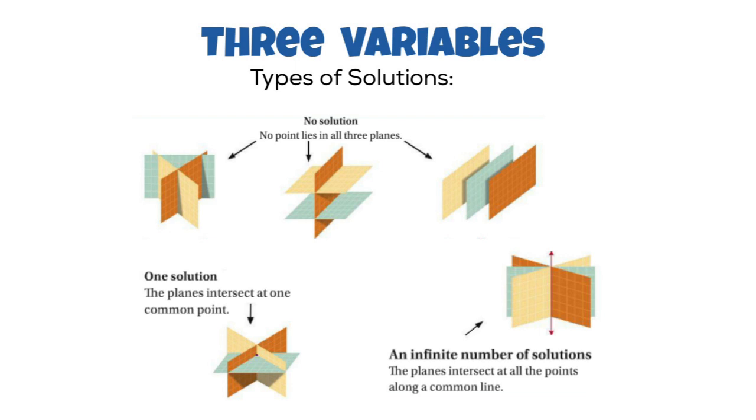This picture, I kind of like it because it shows some of the different things that can happen. Because when you're solving this system of 3 variables, we're no longer talking about lines and where they intersect. It becomes a 3-dimensional thing. And so we are looking at a plane and how planes intersect.